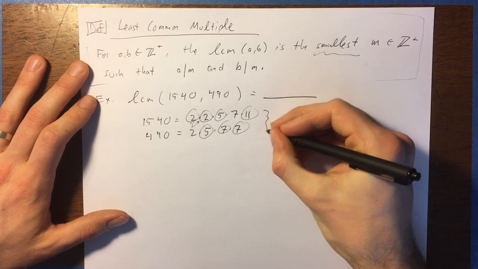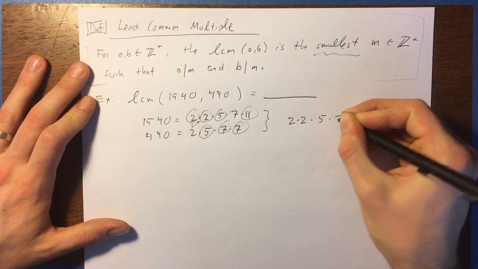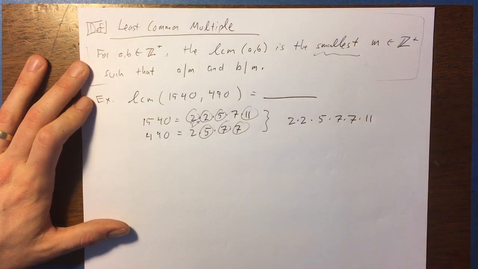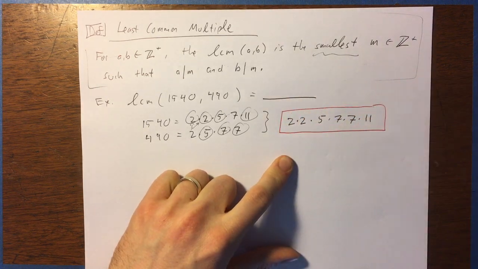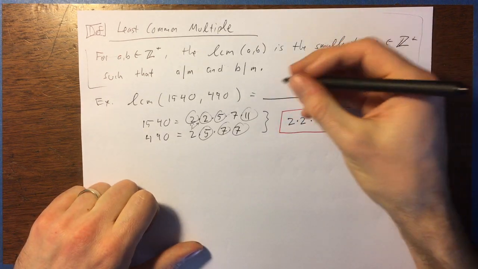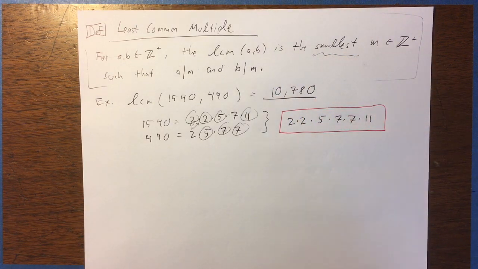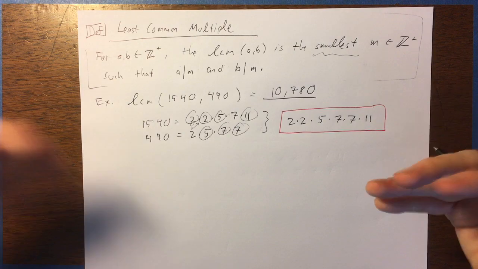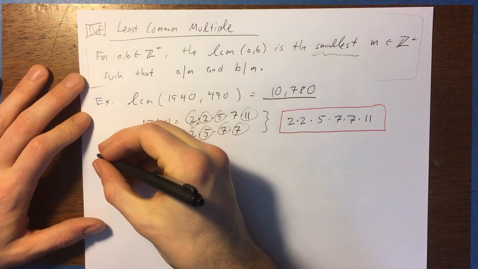So what we get from that is two 2's, a 5, two 7's, and an 11. I'm going to put a red box around that one. That gives us the number 10,780.